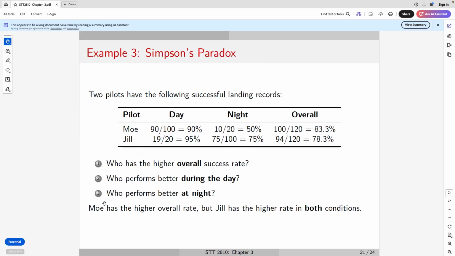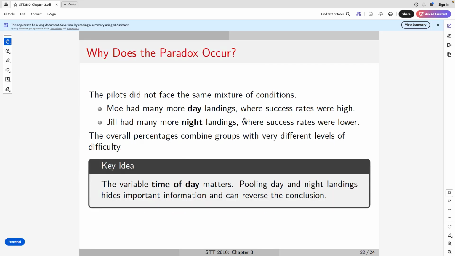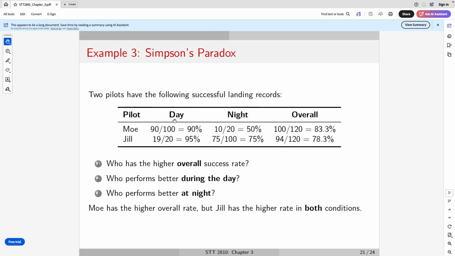And so you can see, like you said, Mo has the higher overall rate, but Jill has a higher rate in both during the day and night. Is that okay? So that is what Simpson's paradox means. Mo had many more day landings where success rates were high, you can see from here.